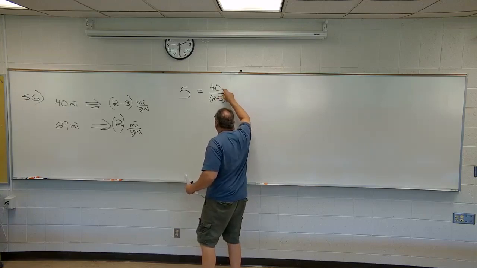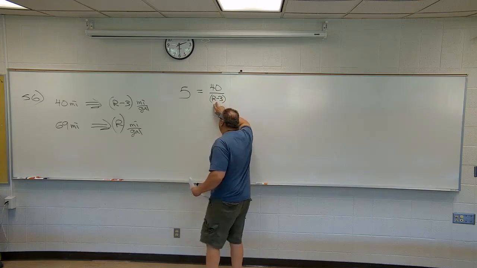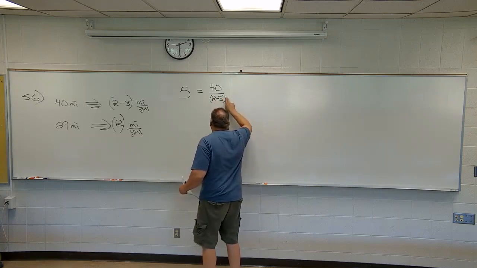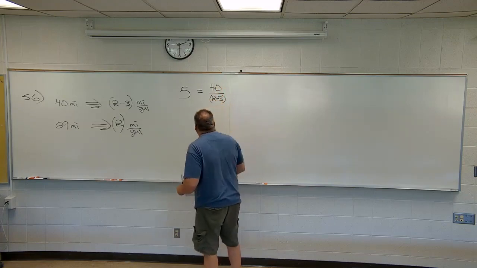You get R minus 3 miles for every gallon in the city. So how many of those miles go into there? That's how many gallons it took.